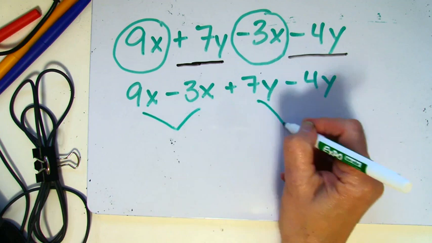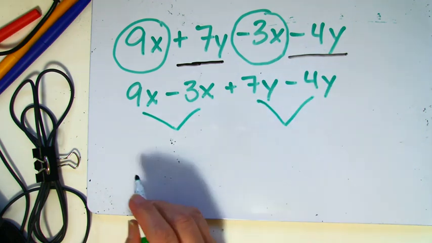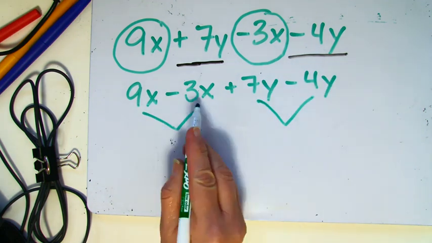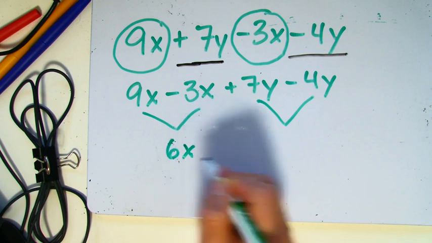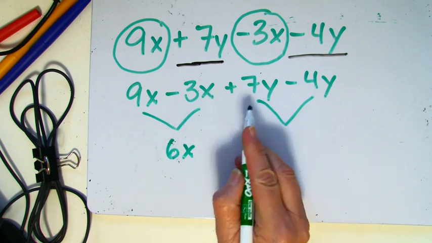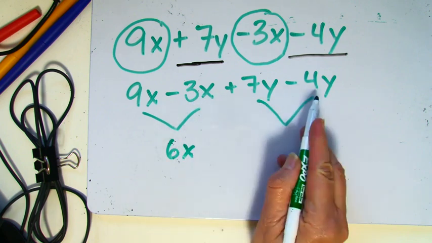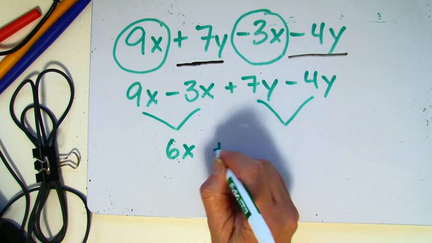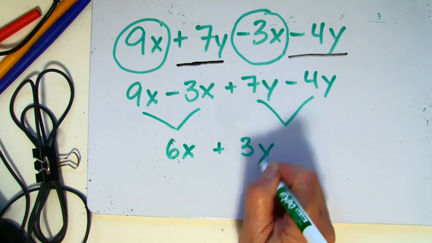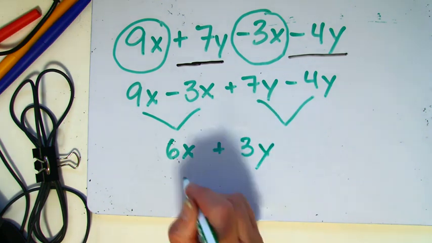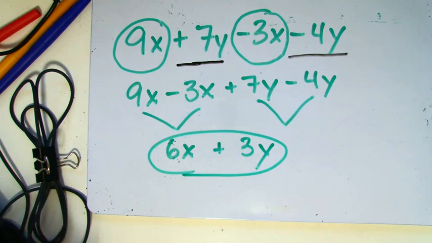Now I can combine these to simplify. 9 minus 3 is 6x. 7y minus 4y is going to give me 3y. This is a simplified expression.